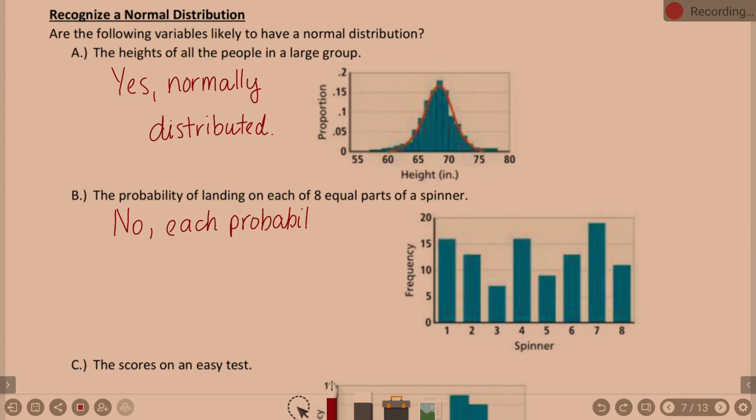Looking at the picture can help you, but also thinking about the scenario. I think the scenario makes a big difference there too.